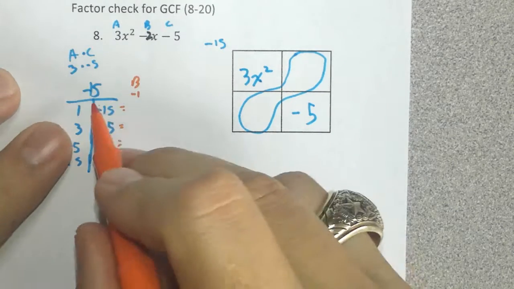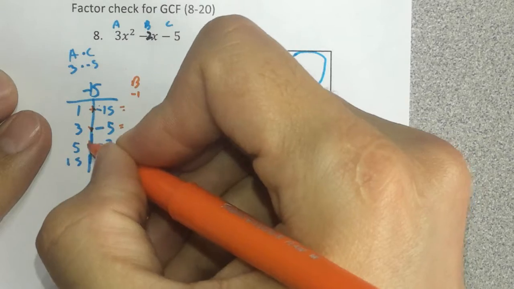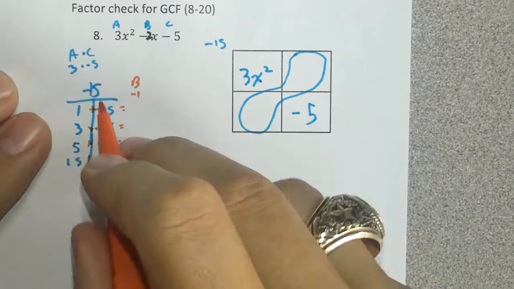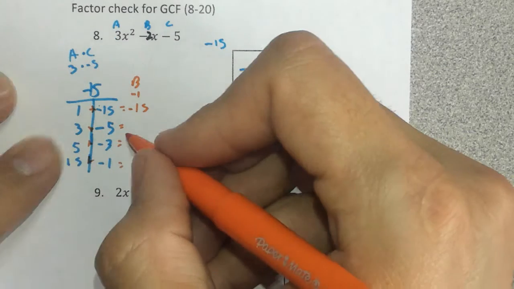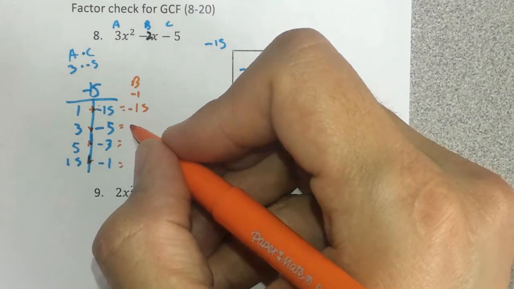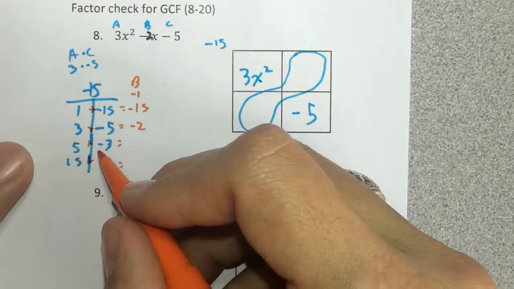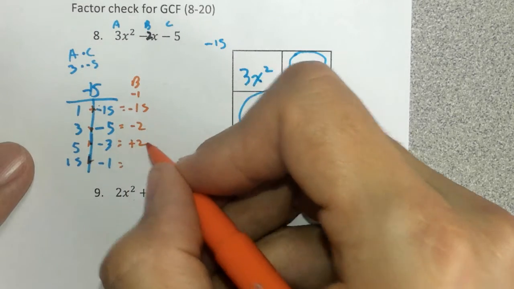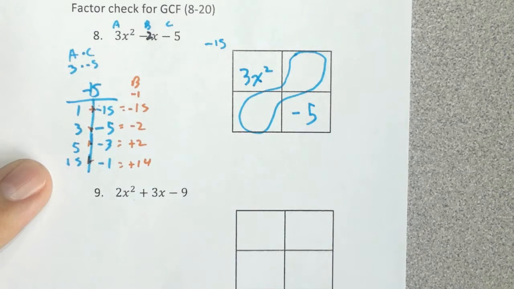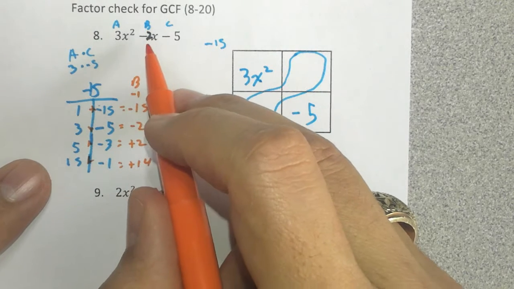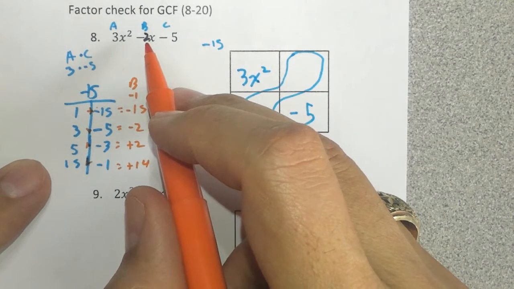Now, we're going to add these up. 1 plus -15, -14. 3 plus -5, -2. 5 plus -3, +2. 15 minus 1, +14. We are looking to match B, which is -2.